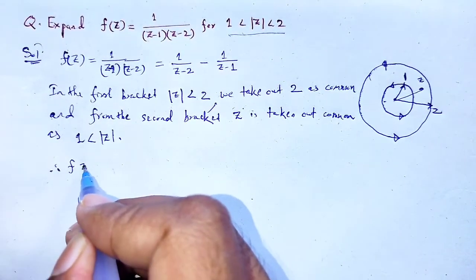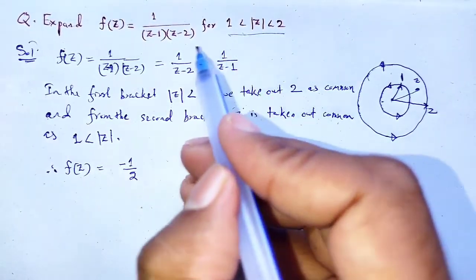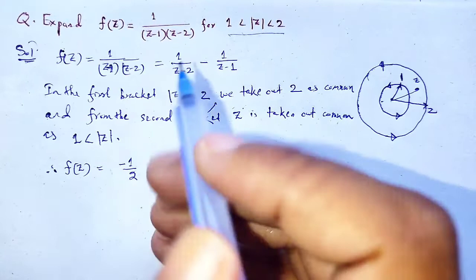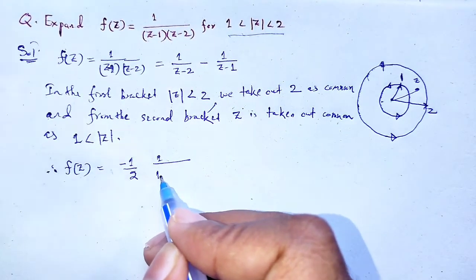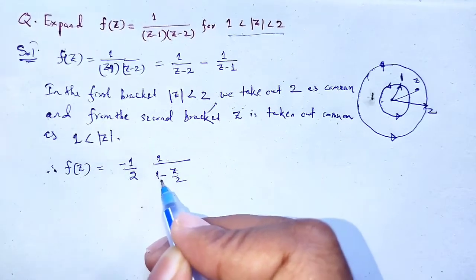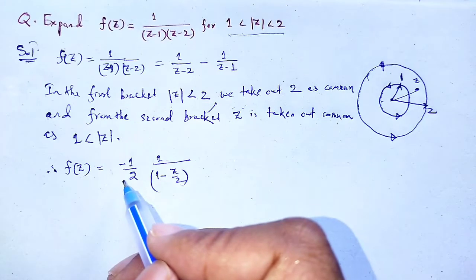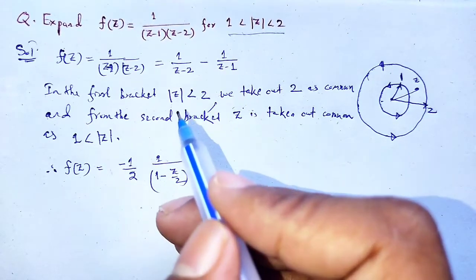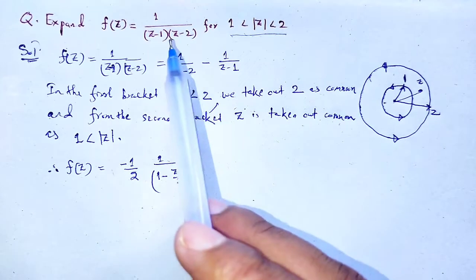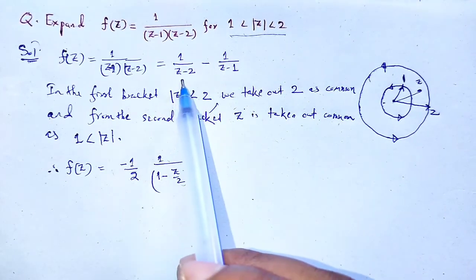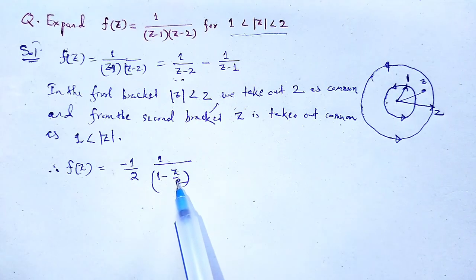Therefore, f of z is expanded as minus half. Here we have to take common 1 divided by 1 minus z by 2. In the denominator, I take minus 2 as common, giving a representation like 1 minus z divided by 2.